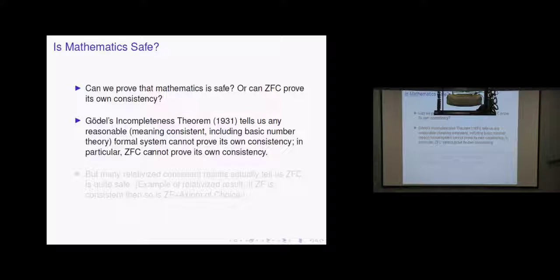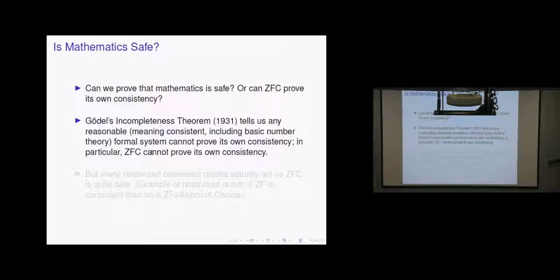Basically it says this: any reasonable formal system, like an axiomatic system, I cannot explain in the short time. Reasonable means it's safe, there's no contradiction, and also it can say something.